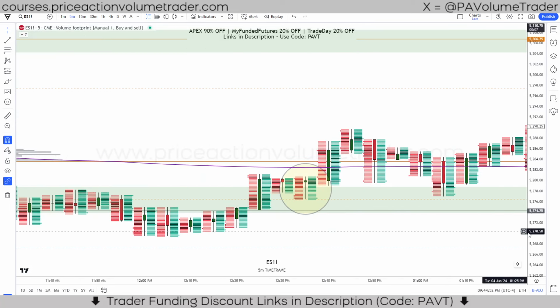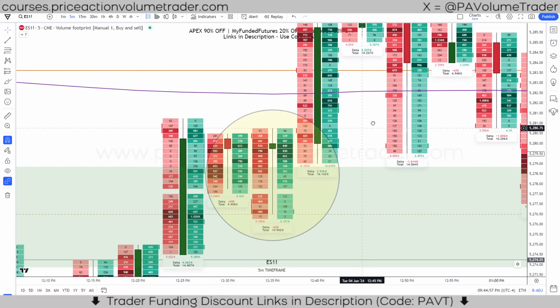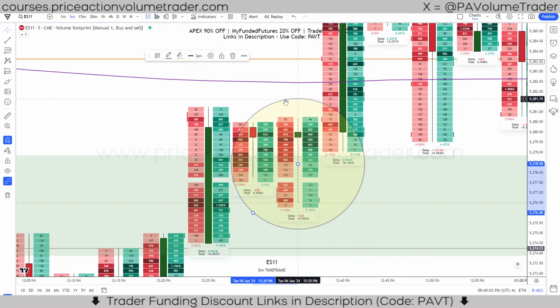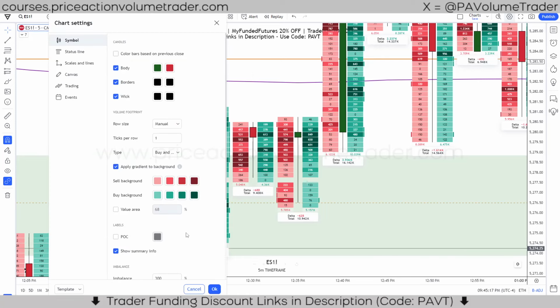Now I'm just going to zoom in a lot because we need to see the numbers. I'm just going to show you quickly the settings that I have on it. I'm not going to go into detail, but you can just pause and look at it.